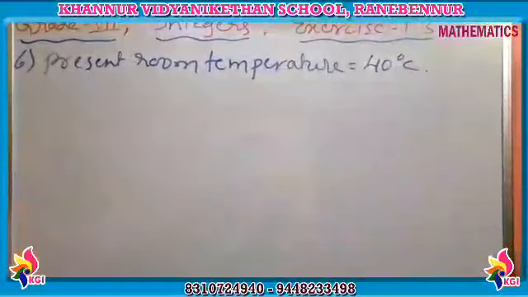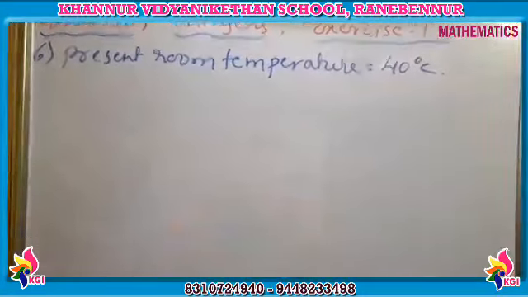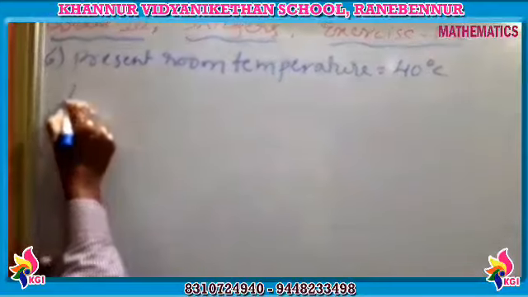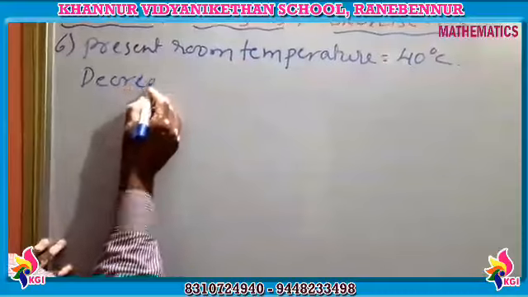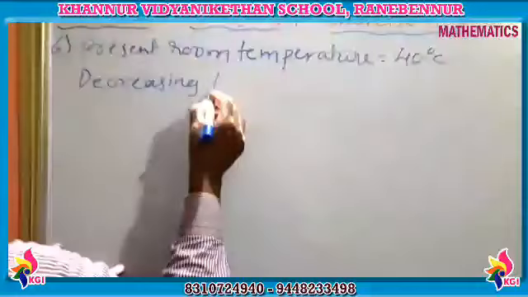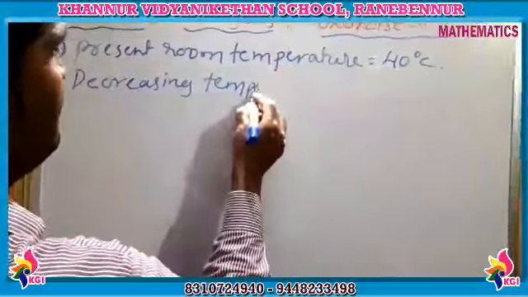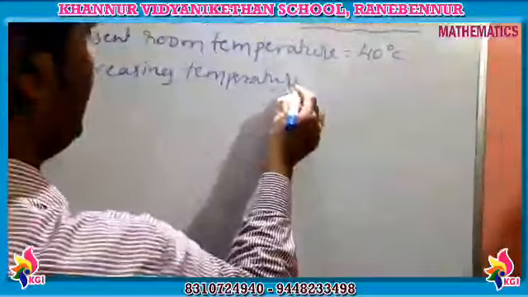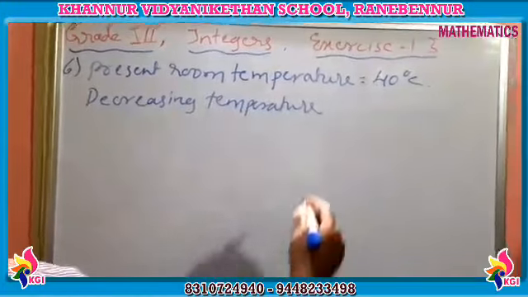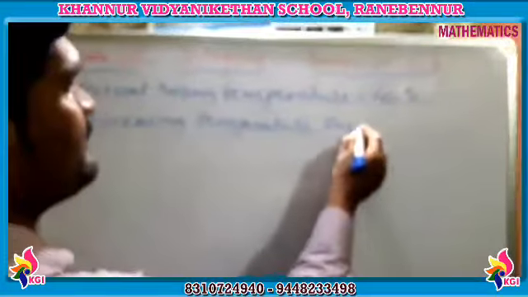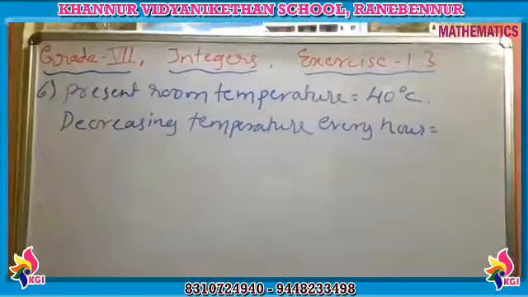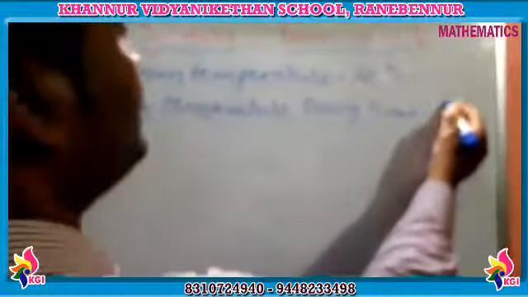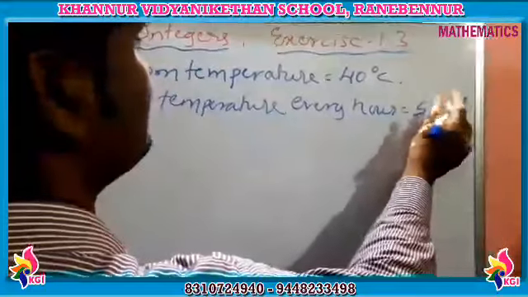For every one hour there is a decrease of 5 degrees. Let me write that as decreasing temperature every hour. Every hour it is 5 degrees Celsius.